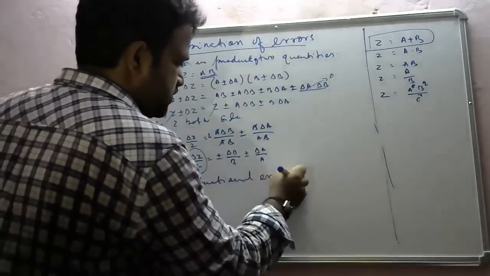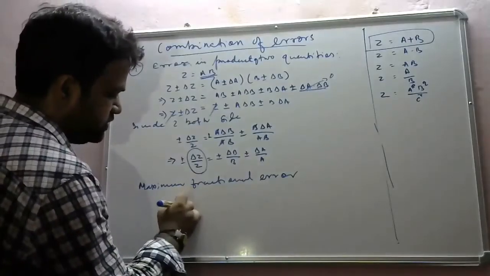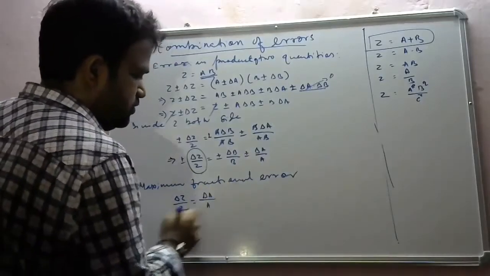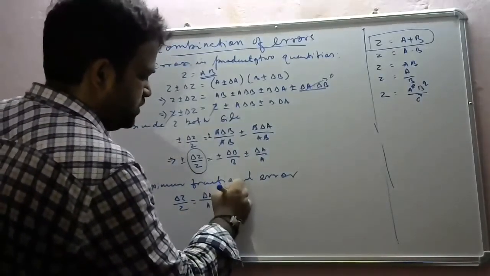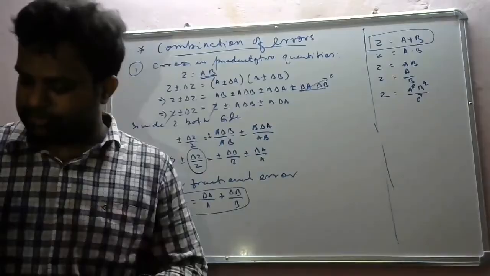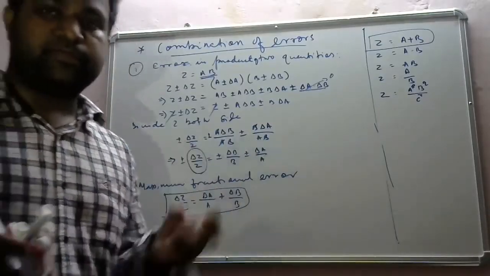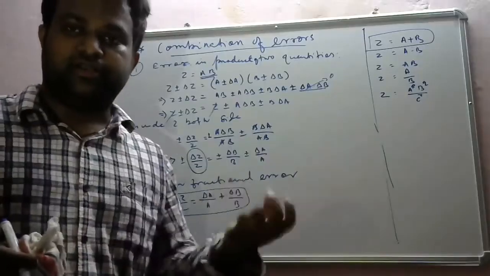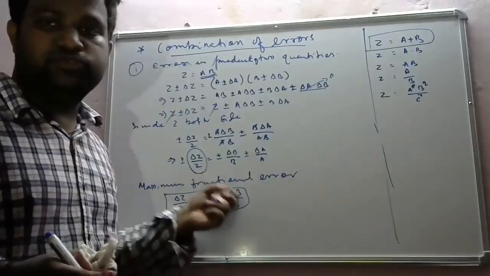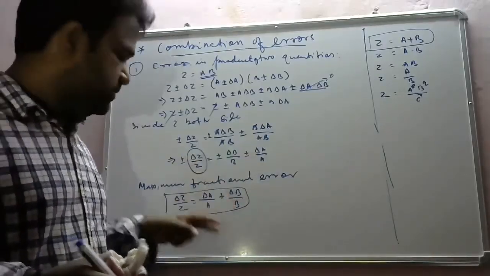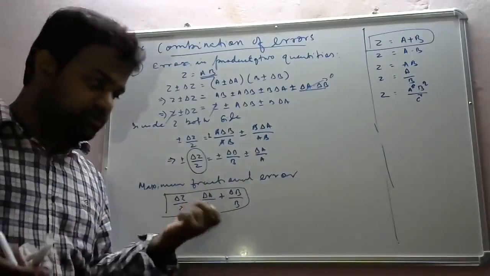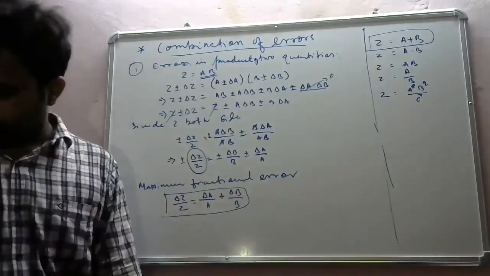So if two quantities are multiplied, what will be the error in the result? The maximum error in the result will be the sum of the fractional errors of the individual quantities, or these are relative errors. We will just multiply by 100 and we'll again get the percentage error. Actually, so many questions come based on this, in the entrance exams also.